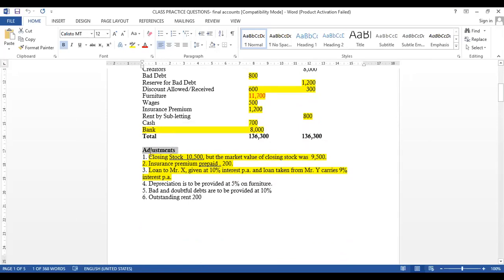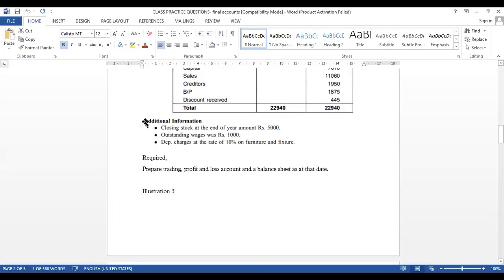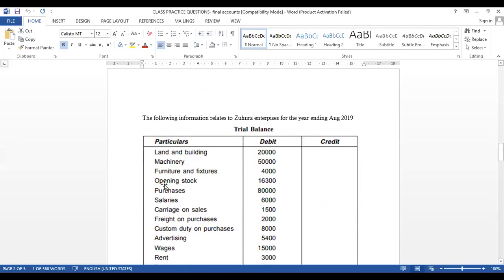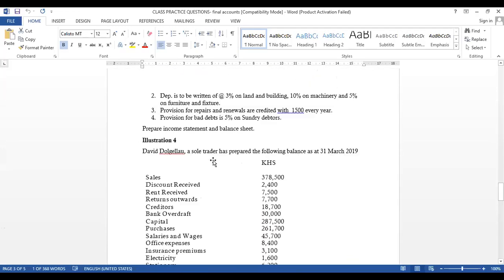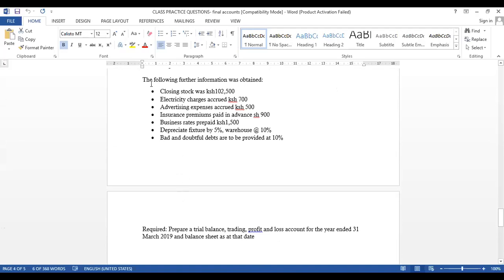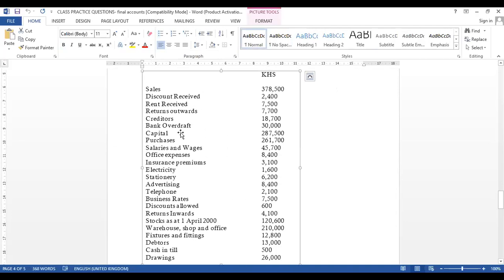You'll find it is written adjustment or additional information. You go down there, there is what we call additional or further information, right? What that means is that this information has not been captured in the numbers that we have in the trial balance.